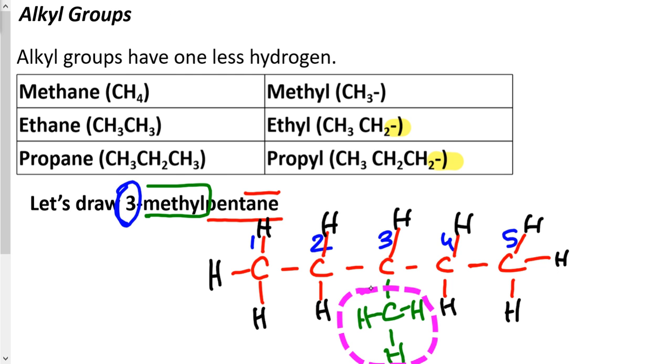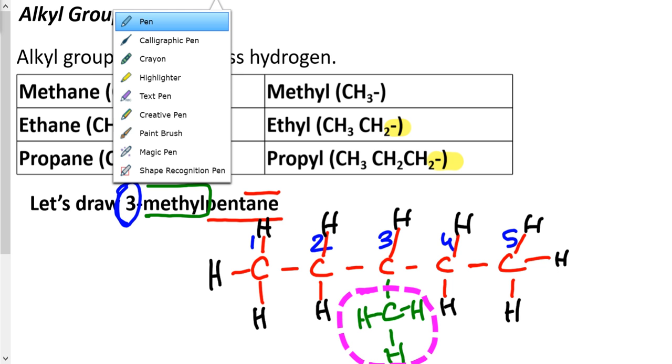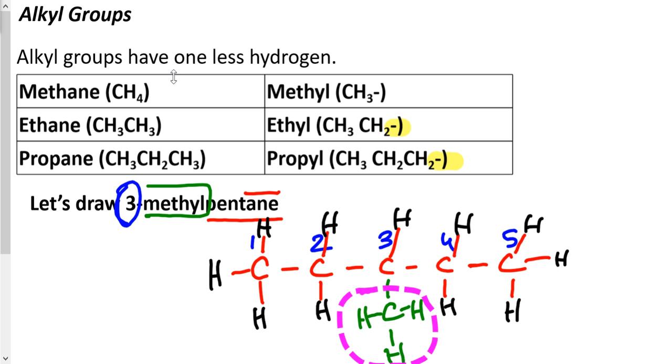If you focus on the methyl group in the 3rd carbon, you will find 1 carbon which is right here, and then 3 hydrogens, which are right here. And what else do we see? We see an empty bond, and this is the bond that they're talking about. So this is the bond which will connect the methyl group to the parent chain, in this case, pentane.